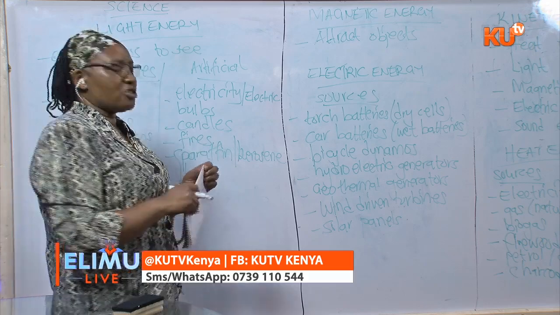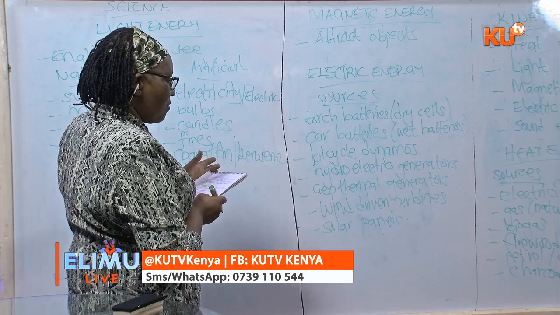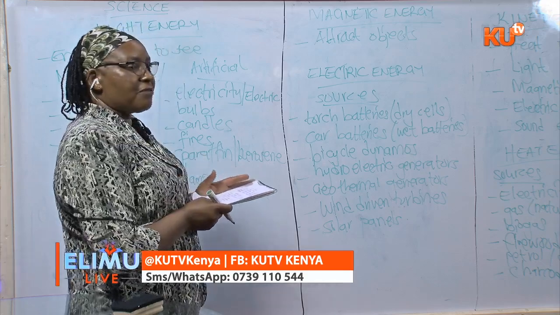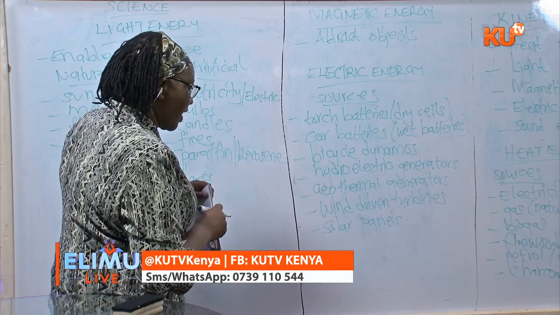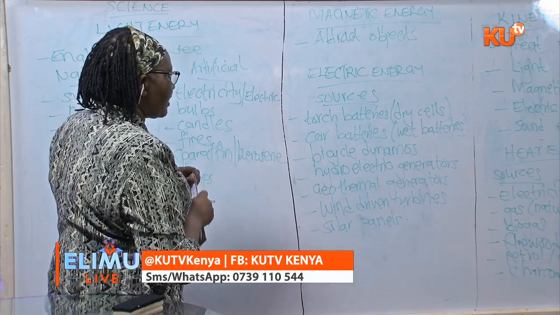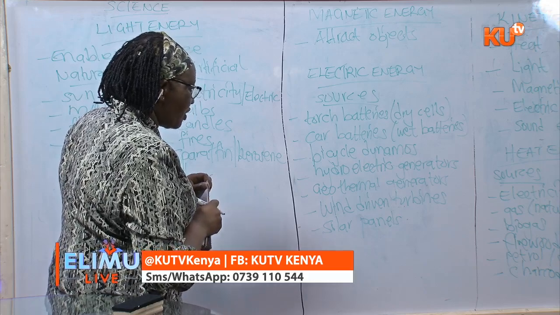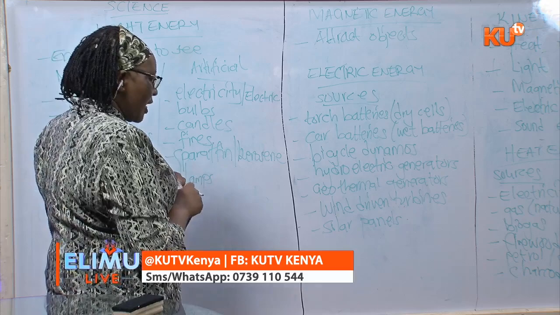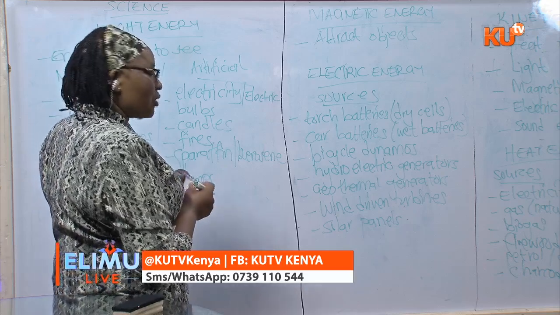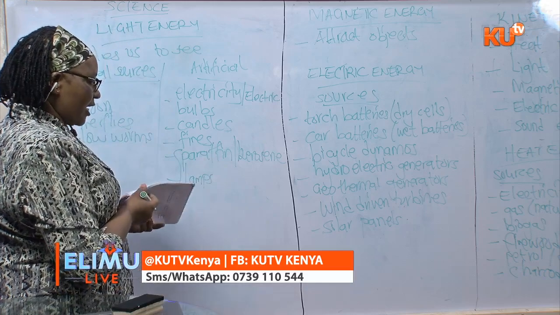Maybe you have learned in your social studies, like Olkaria. So we have those geothermal generators. They have turbines which make the steam move around, creating some form of kinetic energy, which later turns to electric energy. Then the same case applies to wind-driven turbines. We have the turbines. Turbines make the wind move very fast and create some electric energy.